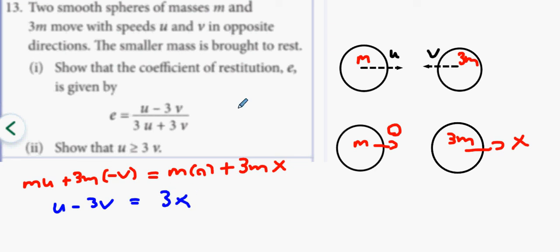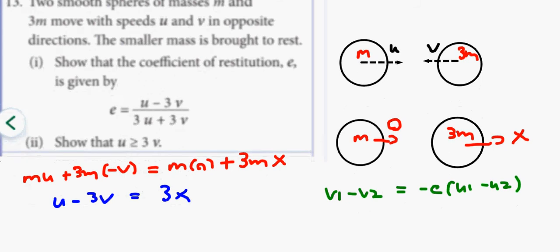That's conservation of momentum. Now you're going to go for NEL, Newton's experimental law. v1 minus v2 equals minus e into u1 minus u2.